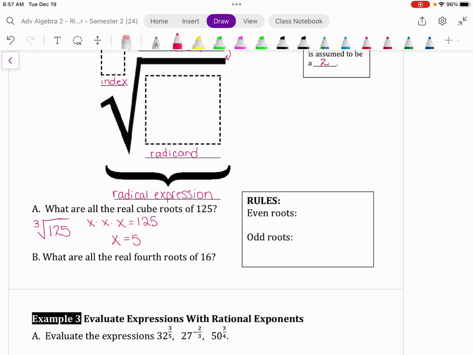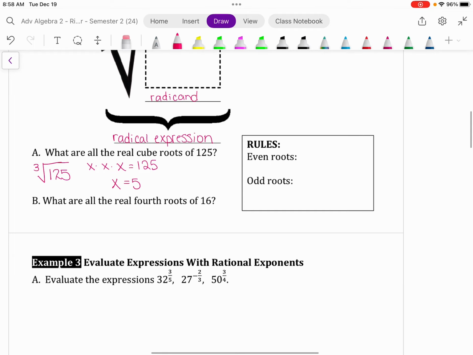Test it for your negative: a negative times a negative is positive, and that positive answer times a negative is a negative answer. Well, we don't have negative 125, so that does not work.